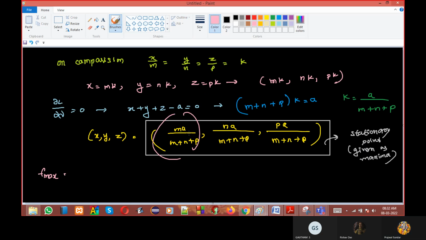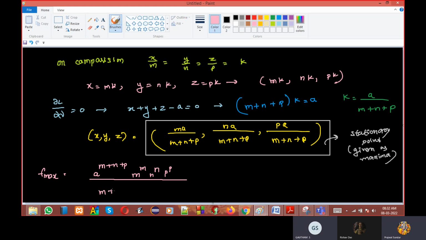Whole power m into whole power n into all that. You will get m power m, n power n, p power p divided by (m plus n plus p) whole power m plus n plus p.